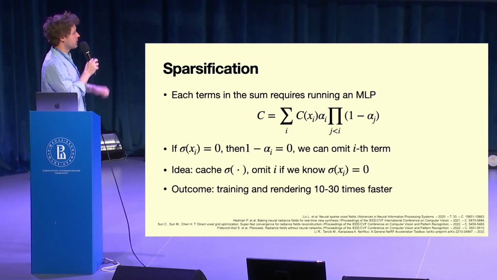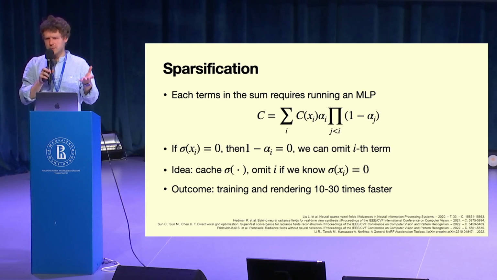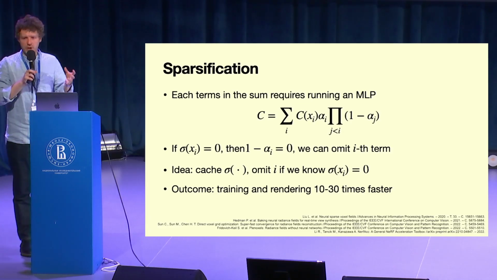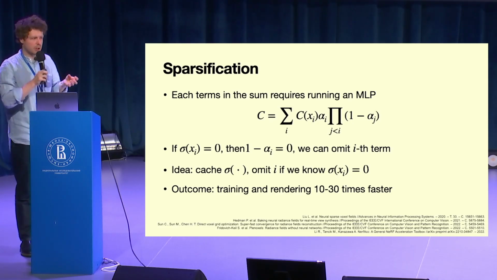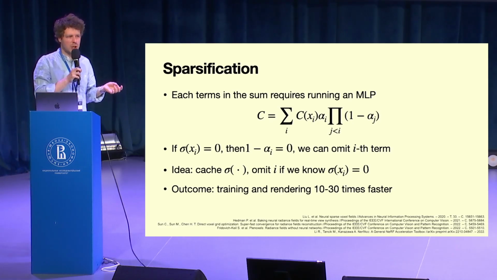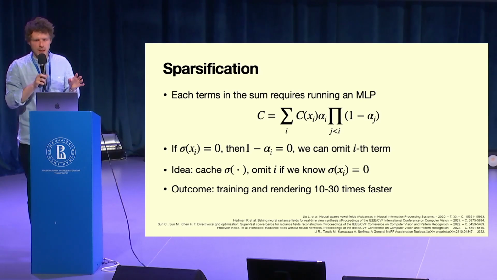And this solution does not take much space. You just have to store a cached volumetric grid. And from my experience, this solution already gives you a speed up in training and rendering of between 10 times and 30 times.